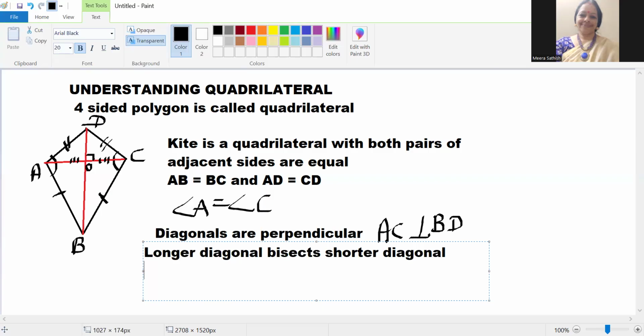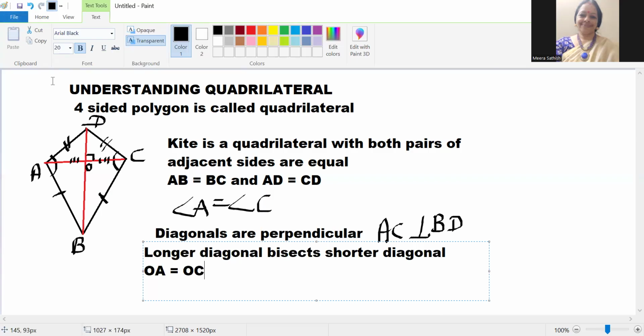Longer diagonal bisects shorter diagonal. So OA equals OC. But O is not the midpoint of BD. Only one diagonal bisects. Clear? This is about kite.